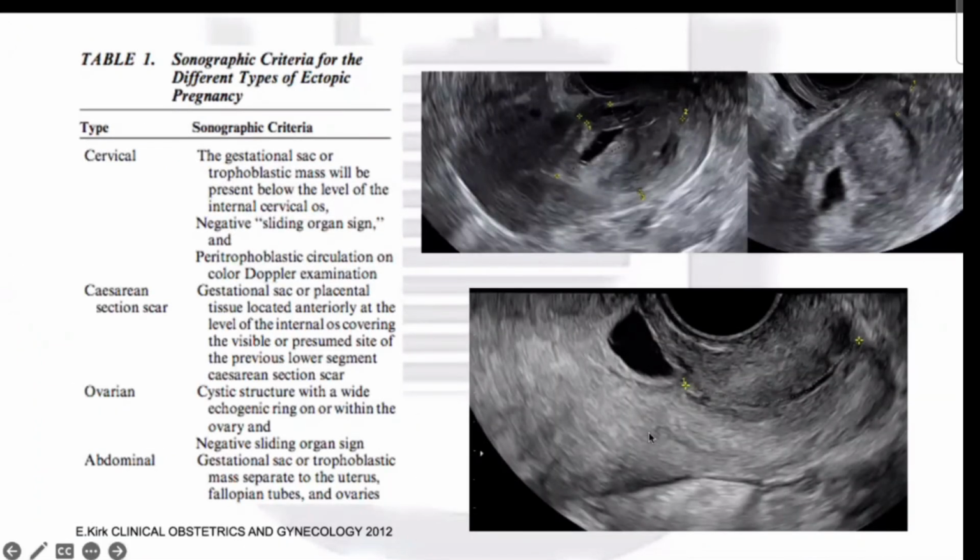So you can see that if you have an ectopic cesarean scar pregnancy, the cervical canal is free. When you have a cervical canal pregnancy, the cervical canal is full of the pregnancy and is lower than the internal os, and you can see the measurements from the internal os.